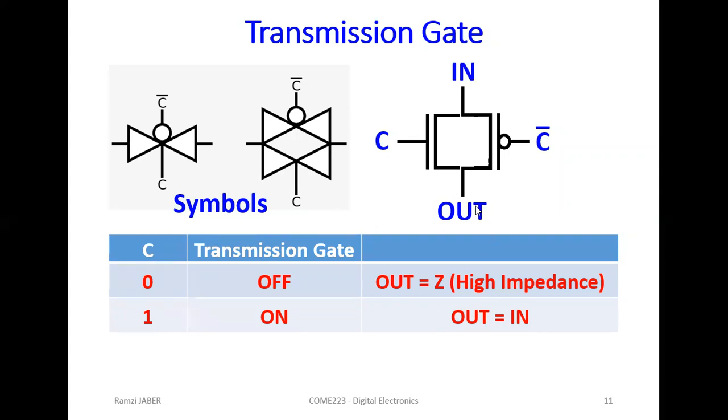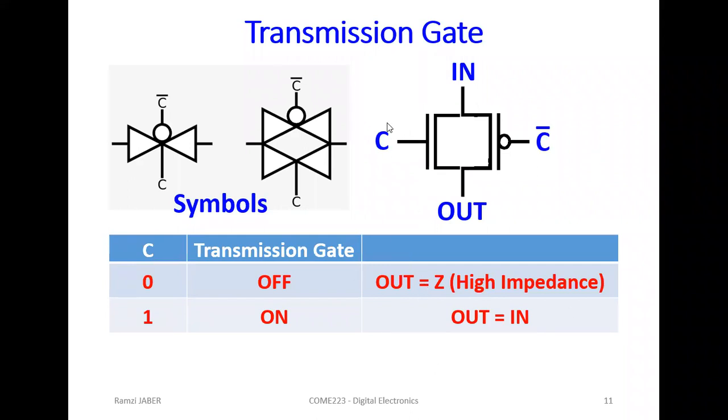For 0, strong 0; for 1, strong 1. So here we have a disadvantage in the transmission gate when we have an open circuit, when the transmission gate is off, when C equals 0. To avoid this, we need something else. We will correct this, of course.